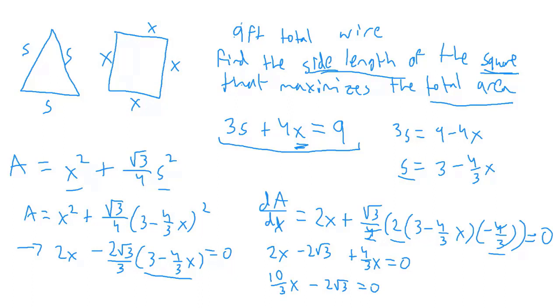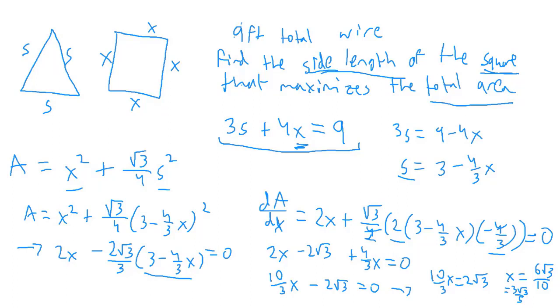So therefore we get 10/3 x equals 2√3. You get x equals 6√3/10, which is 3√3/5.